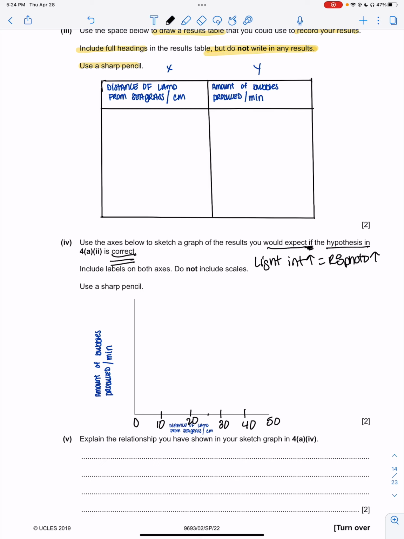At 10, where it's closest, we could assume down here is low, up here is going to be high, no matter what it is. That's just how a graph works.